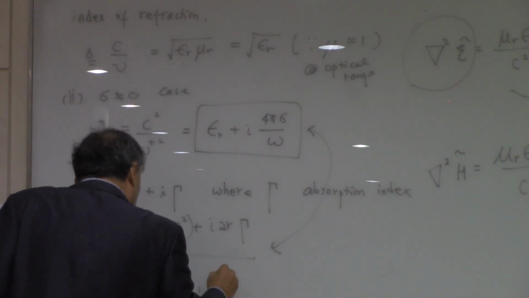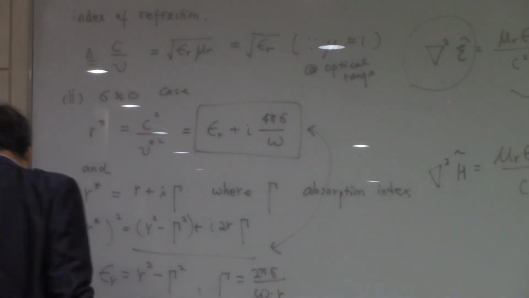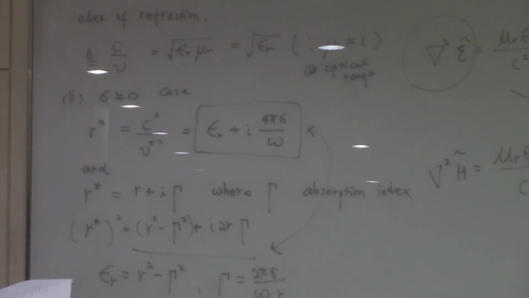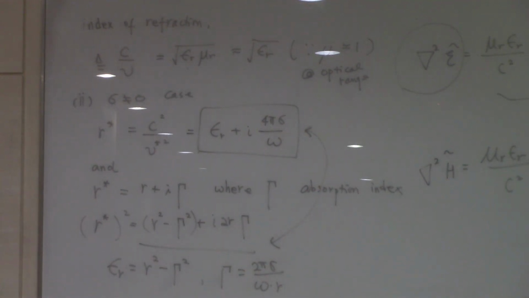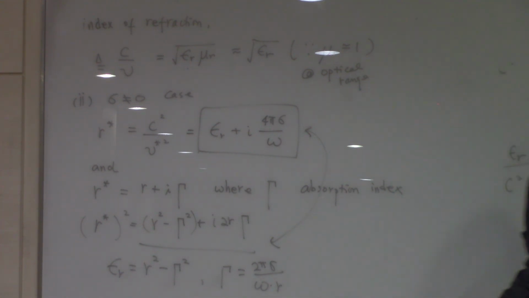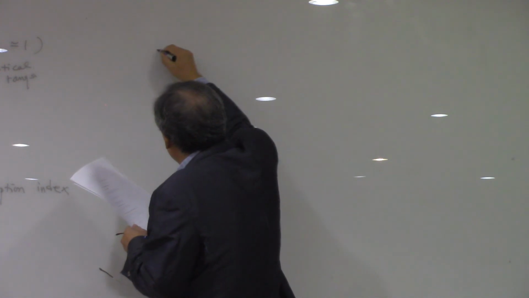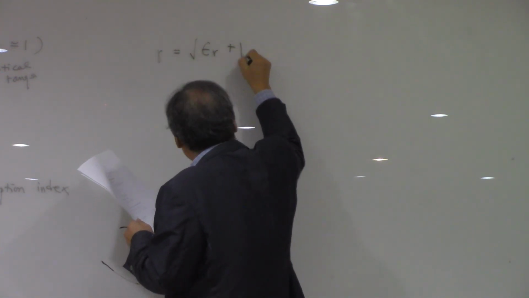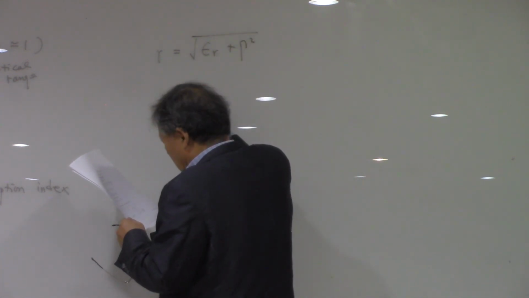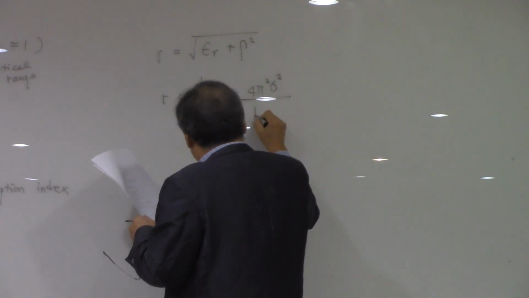And then the gamma is 2 pi sigma over omega n. n is the square root of gamma square, and n is also 4 pi square sigma square over n square omega square.